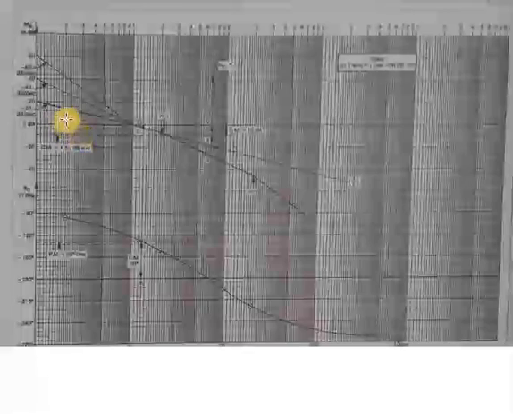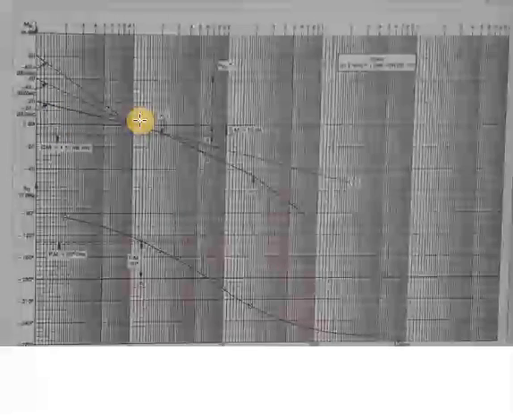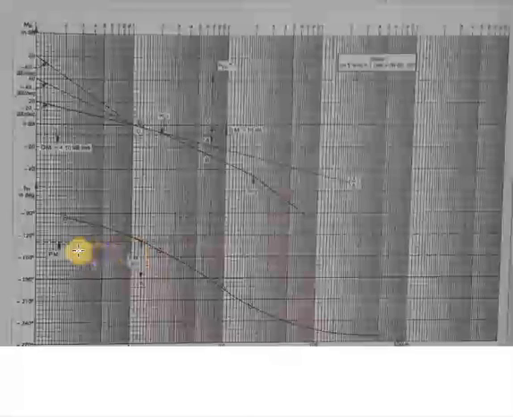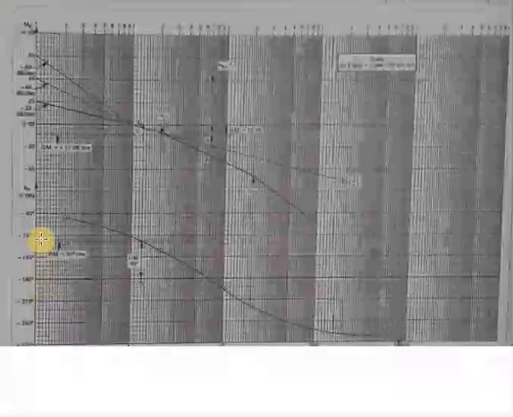Similarly, the next one is to have the phase margin as 50 degree. Here we used to look for the phase margin based on the intersection of this magnitude plot with the 0 dB line. But here we should have the phase margin as 50 degree. So for that, first you draw a line at 50 degree from the 180 degree line.